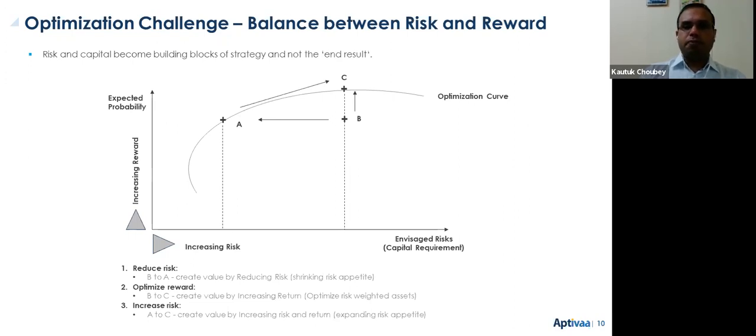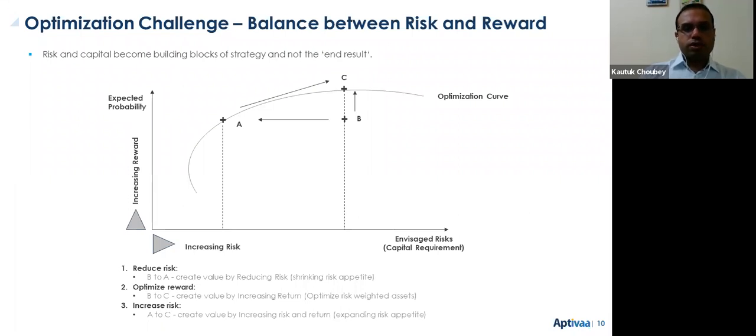It basically represents three very simple scenarios. Firstly is to reduce the risk. By reducing the risk, one would try to create value, but basically by shrinking the appetite, shrinking the growth, and eventually shrinking the book as well. So basically going from B to E. When the operations reduce, when the growth reduces, obviously the risk also comes down.